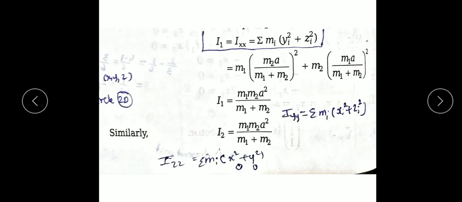The formula for this is summation mi into yi square plus zi square. Now, if we consider mass m1, it is lying at a distance z1 from the origin, but it does not have its own y coordinate.